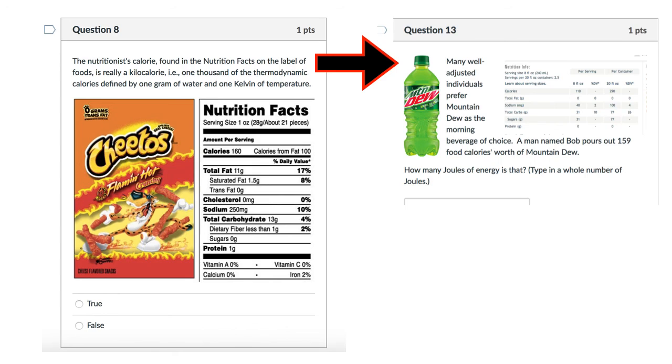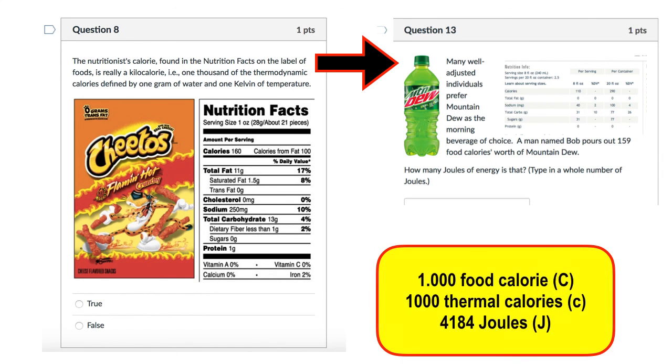Because question 8 goes through the concept of a food calorie being 1,000 of the regular thermal calories, right? And every thermal calorie is 4.184 joules, right? So one food calorie is 1,000 thermal calories, the little ones.